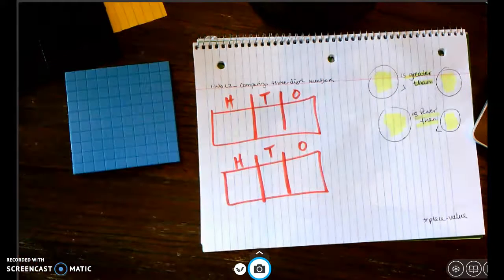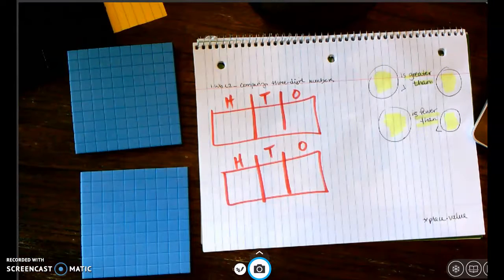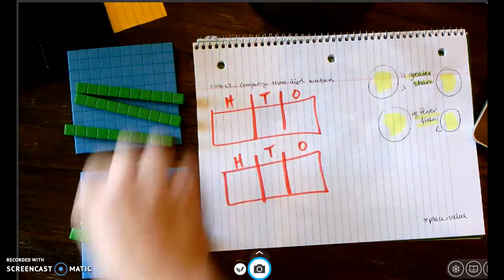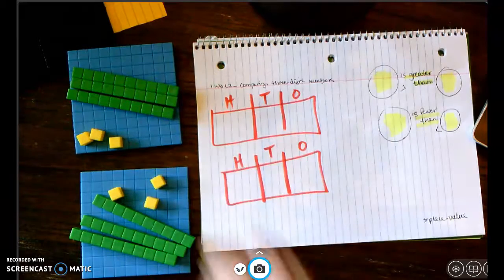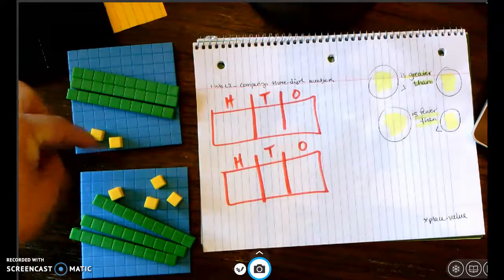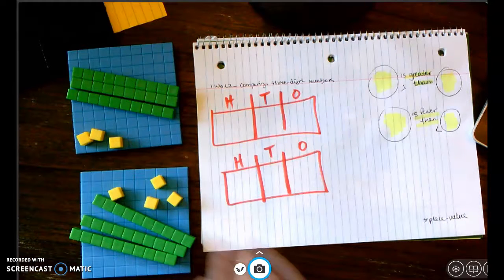Alright, so we're back now, class. I'm going to give you two numbers, but based on pictorial representations of them. You're going to get the work done on them, and then we're going to check back together to see if you got it correct or if I got it correct. Or if we both got it correct together. So, here are our two numbers. We have a flat, some rods and some units, a flat, rods, and units. I want you to complete the hundreds, tens, and ones place value chart.